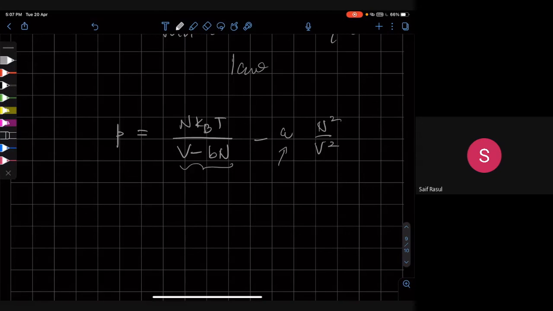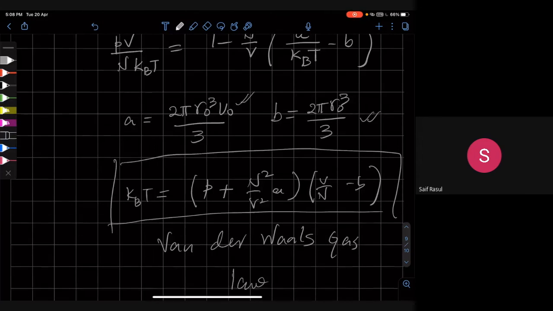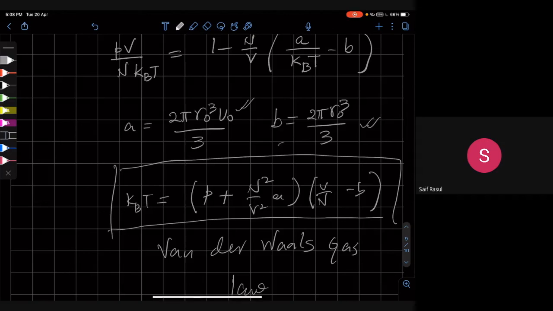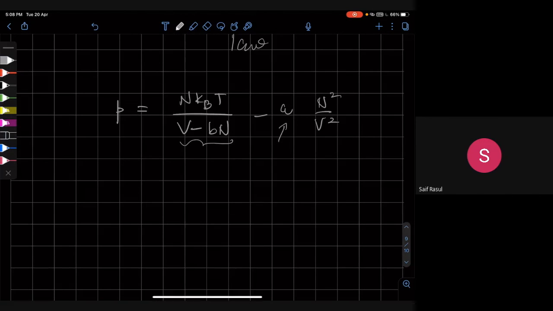Because if each gas molecule has a little bit of a core given by this volume, then the overall free volume is reduced by B times N. So these are the interpretations of the constants A and B. Okay? And this factor comes from the fact that there are N pairs of interaction.